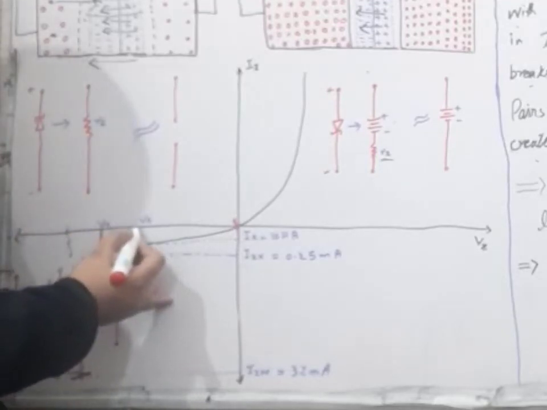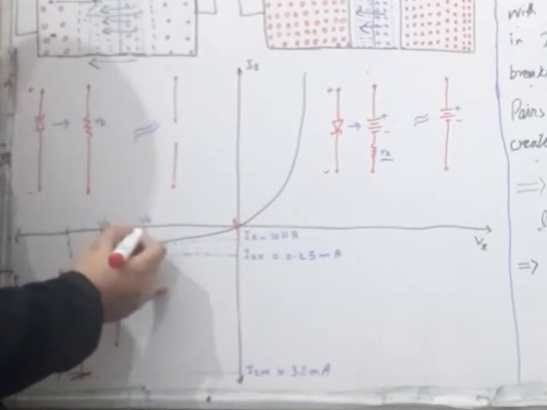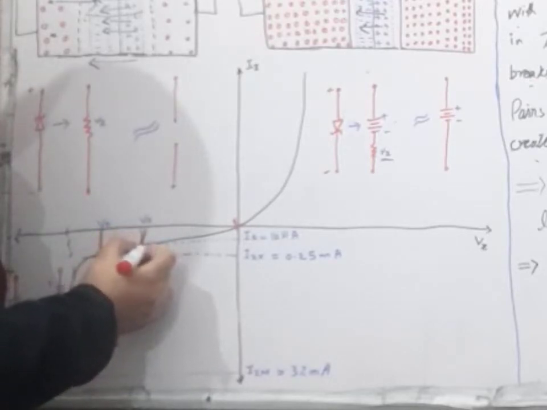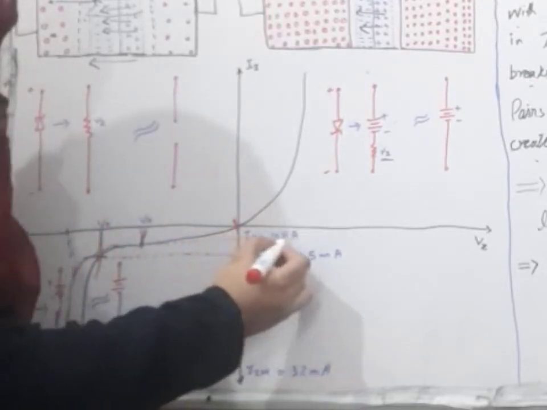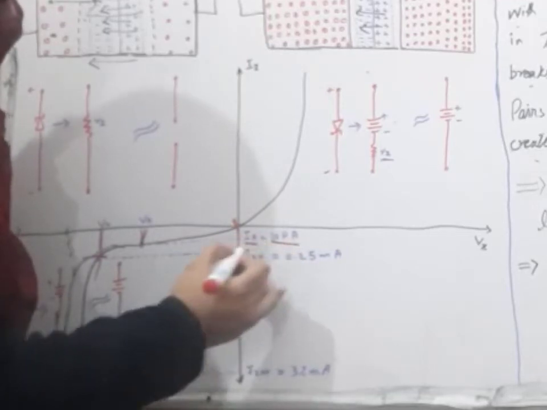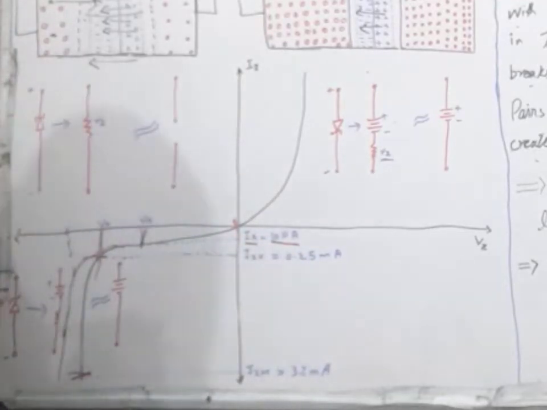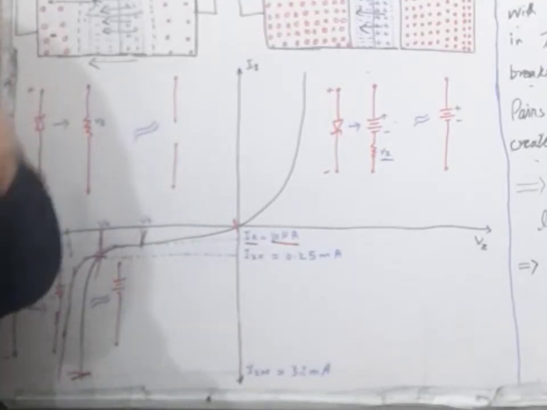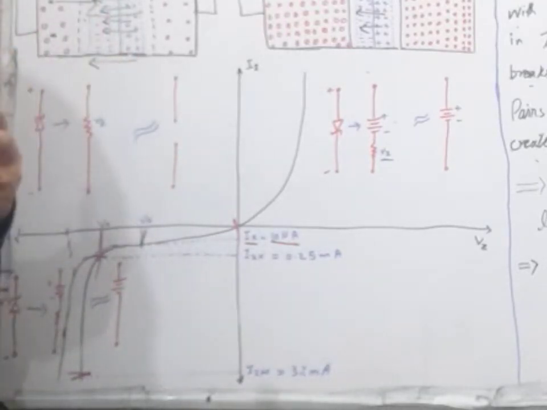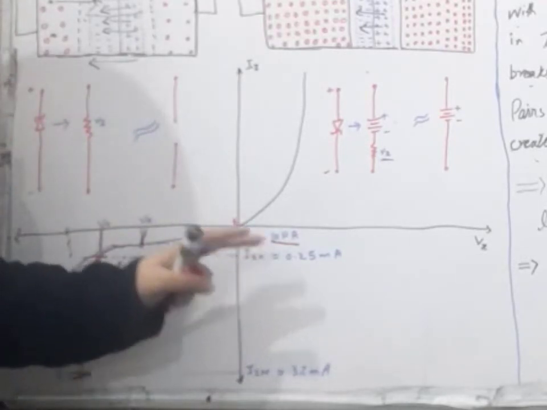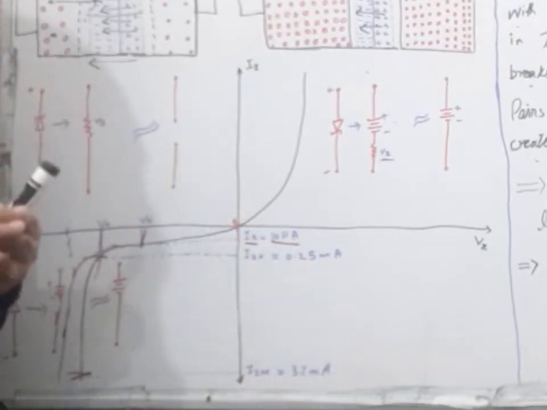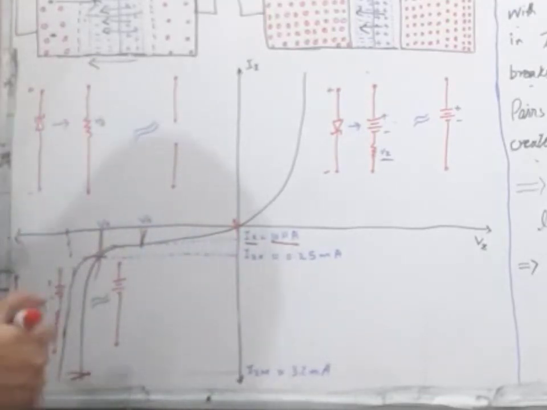At this point we have the voltage VR, and the current value will be equal to IR, which is 10 microampere. Let us suppose we have a resistance connected in our circuit; this VR is because of this resistance, and this IR is the current passing through the external resistance.